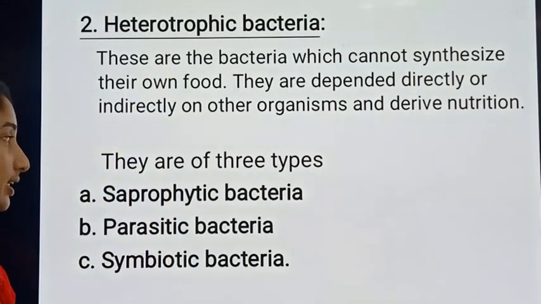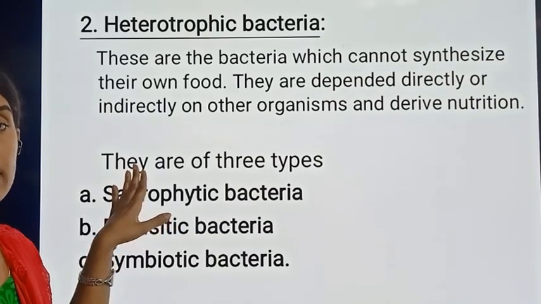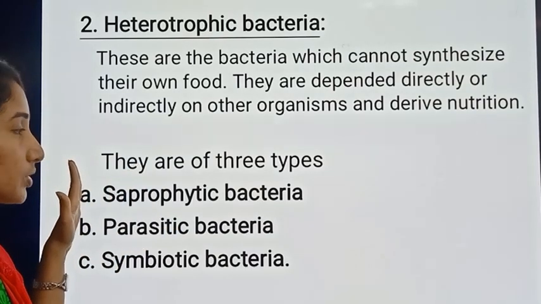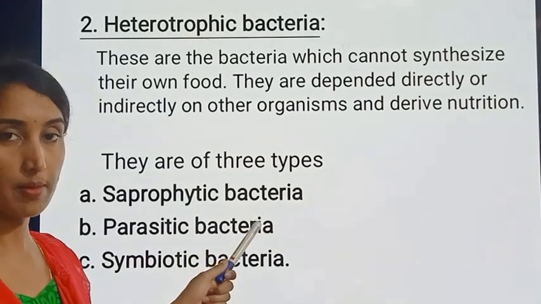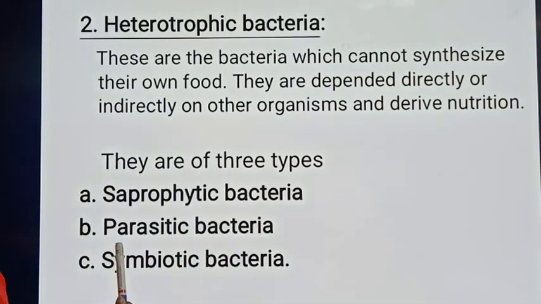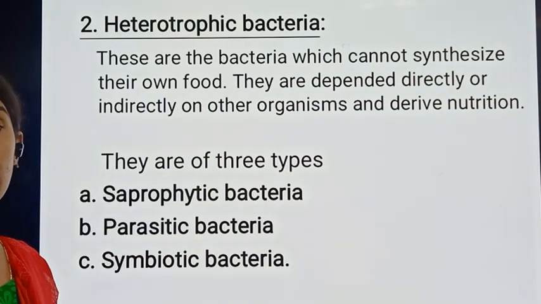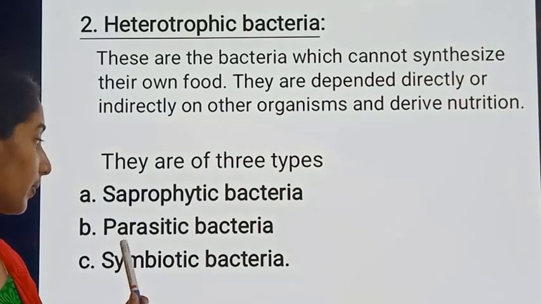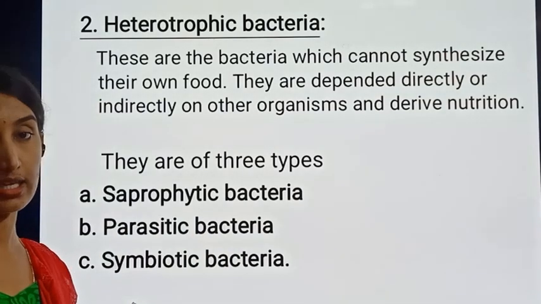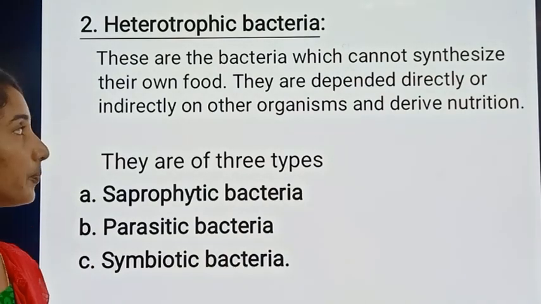We can classify the heterotrophic bacteria into three different types: the first is saprophytic bacteria, the second is parasitic bacteria, and the last is symbiotic bacteria.